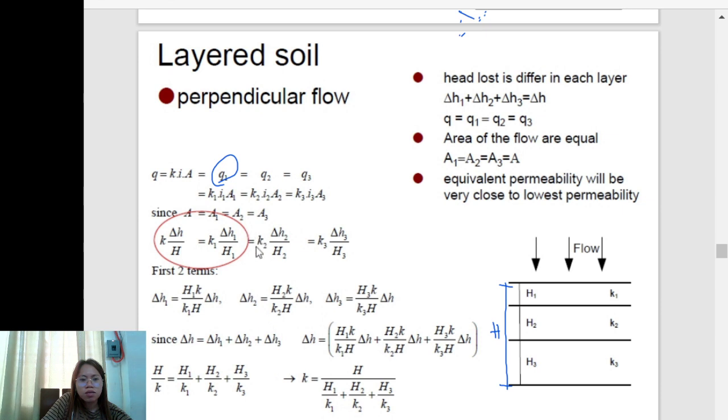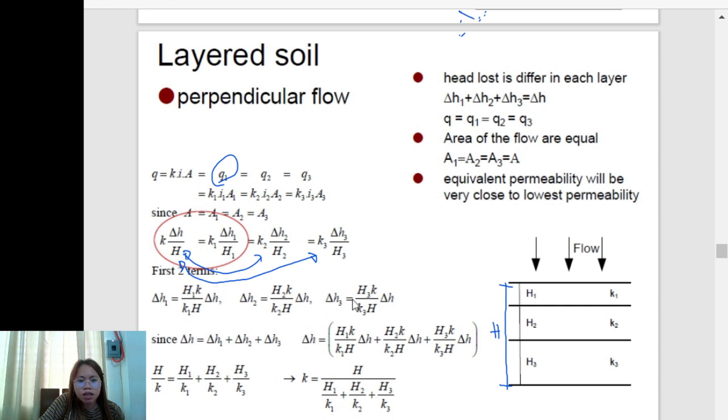And also, this one from earlier: delta H2 is equal to H2 times K over K2 H delta H. And this one also from earlier. And this third is this relationship.